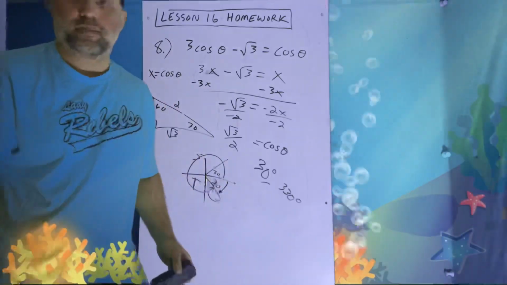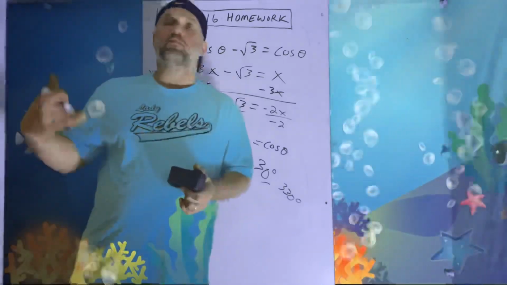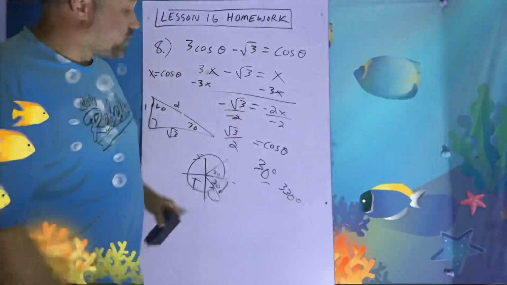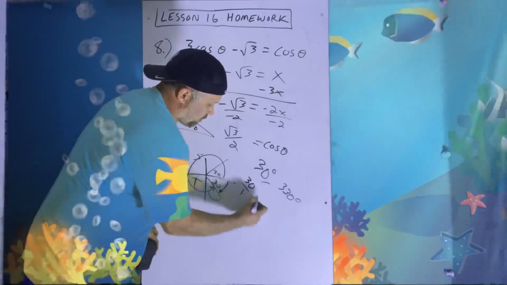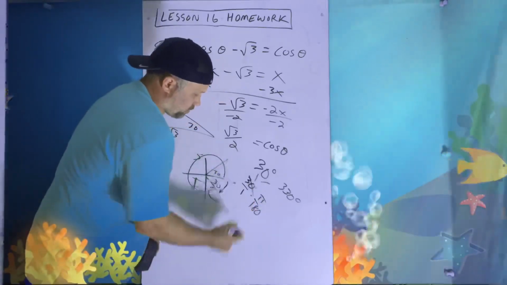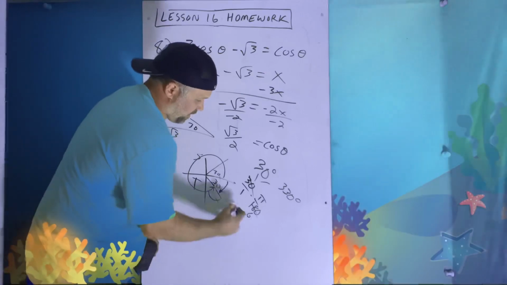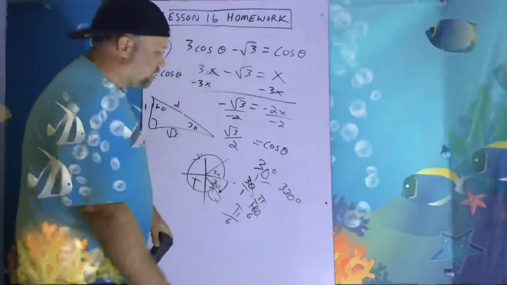So 30 and 330 would be the answers if you were putting them in degrees, but we want them in radians. So I got to switch those to radian measure by taking 30, multiplying it by pi over 180 and reducing. 30 goes into itself once, it goes into 180 6 times. So this is pi over 6. There's one of the answers.